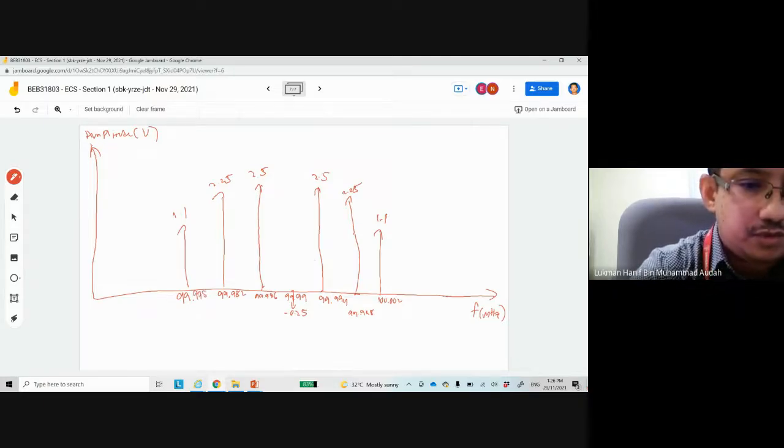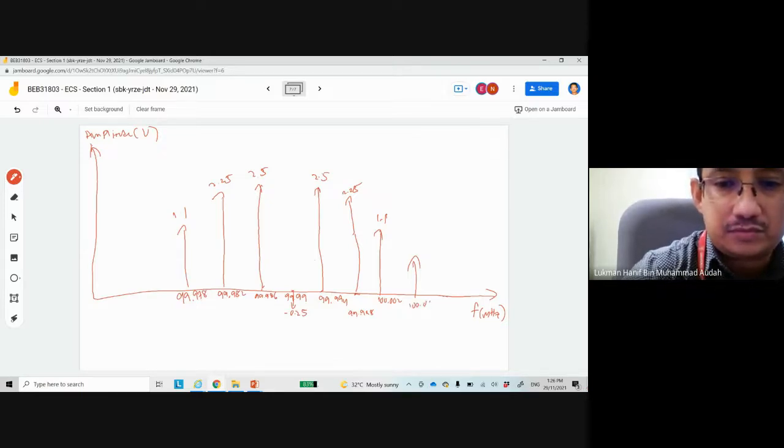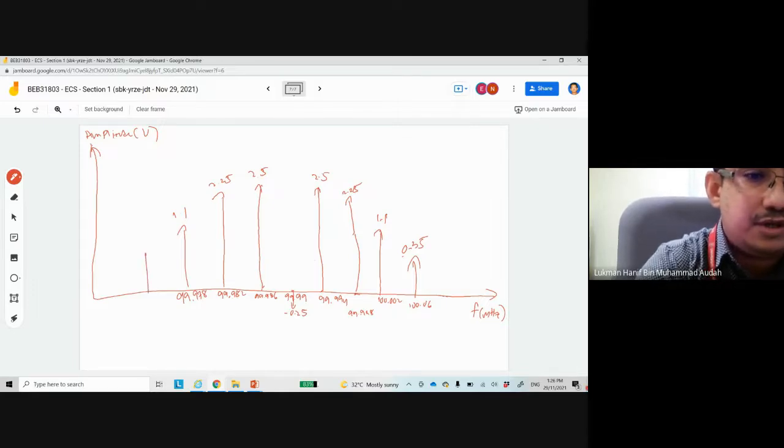Okay, and then here is the fourth sideband located at 100.06, amplitude 0.35. So this is located at 99.974.